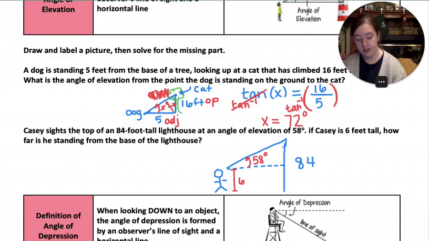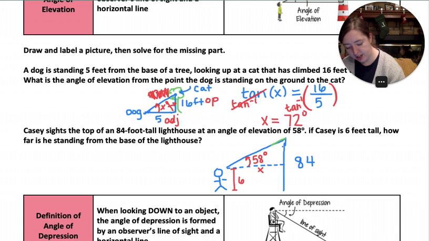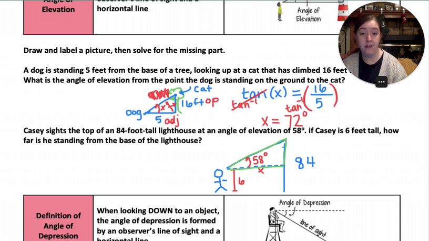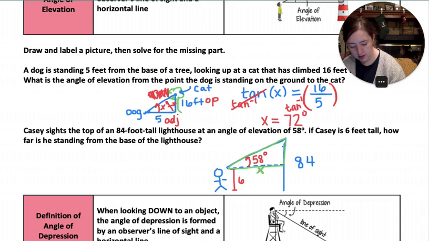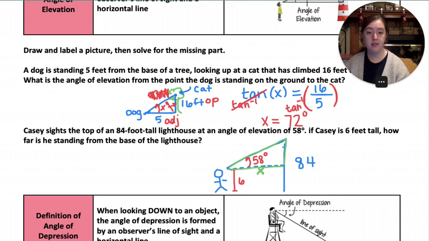We want to know how far is he from the base of the lighthouse. So this guy right here. Now, I want to look at just this green triangle here in a moment. We've got that 58 degrees, and we've got x.